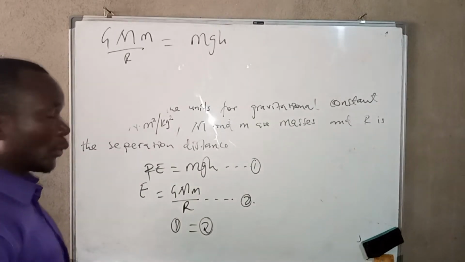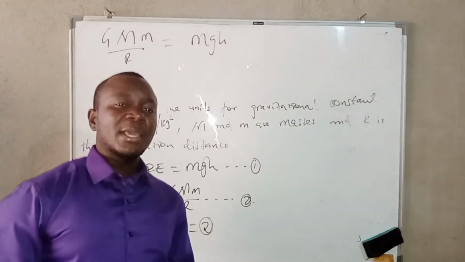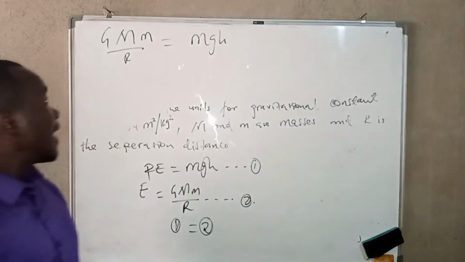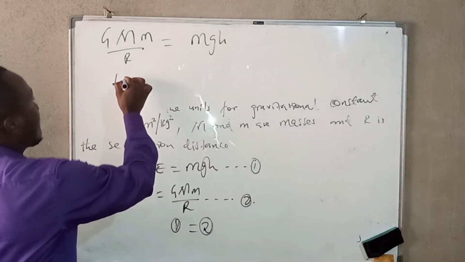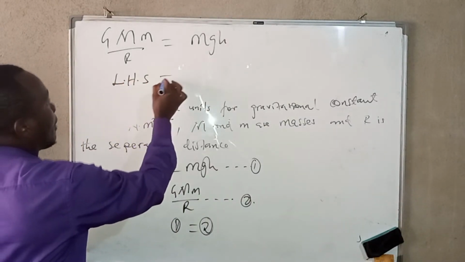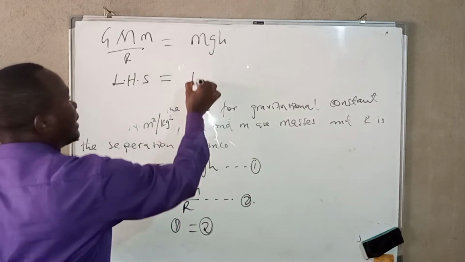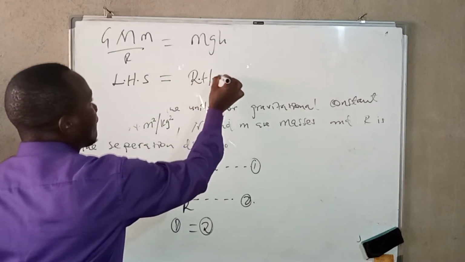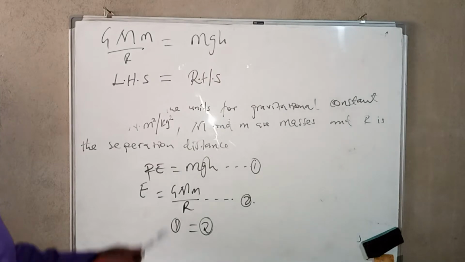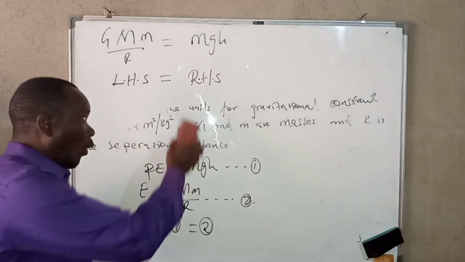Now, in order for us to know if the equation is dimensionally consistent, the left-hand side must be equal to the right-hand side in terms of dimensions or units.